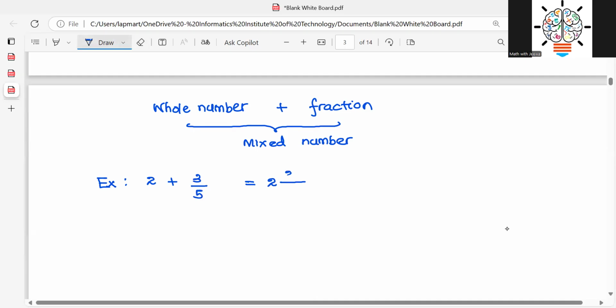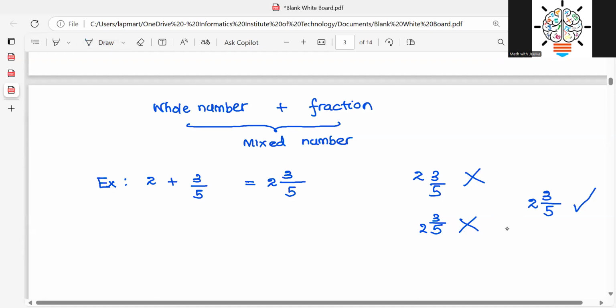Here we write 3/5. By any chance, if you write it like this, it is wrong. It's like 23/5. Or else you write like this, so this is also wrong. But the correct way, you write 2 in the middle, and then 3/5. So this is the correct thing, right?